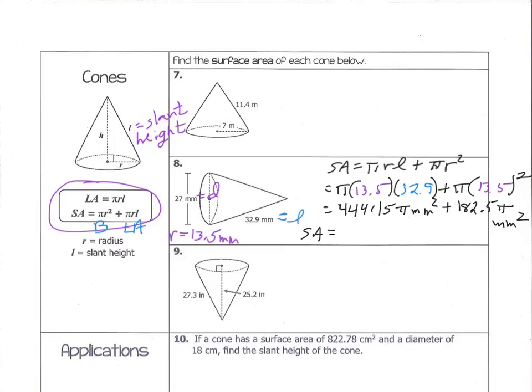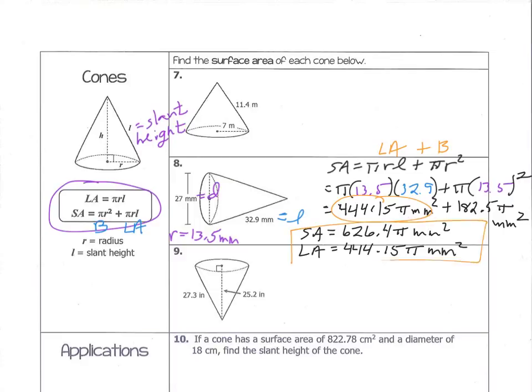So we get 626.4 pi millimeters squared. And your lateral area is what? Yep, this is your lateral area. This is your plus big B. So this is your lateral area, 444.15 pi millimeters squared. And then the applications are just the same as what we did on that last one.